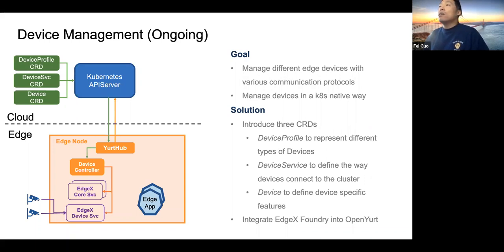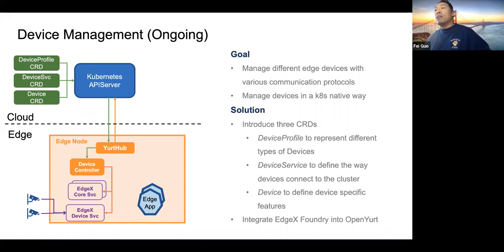The three CRDs start with the device profile, which represents different types of devices. This device profile is usually provided by the vendor, describing what this device is and what APIs, URLs or resources this device can be accessed through via the vendor's drivers.